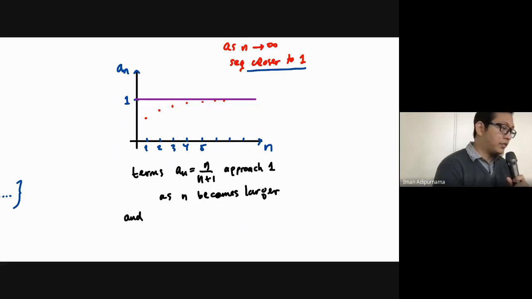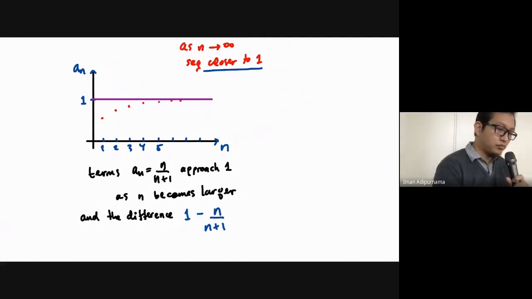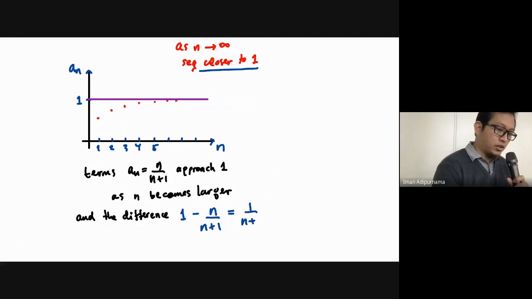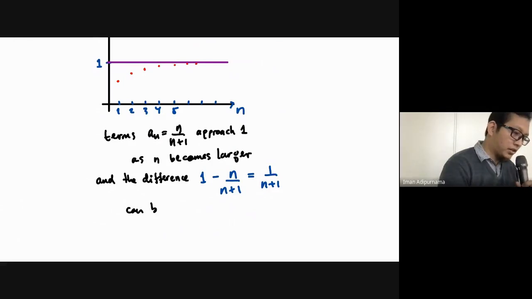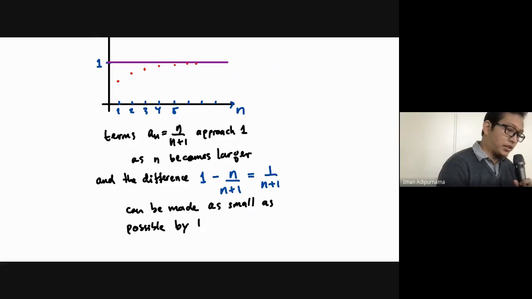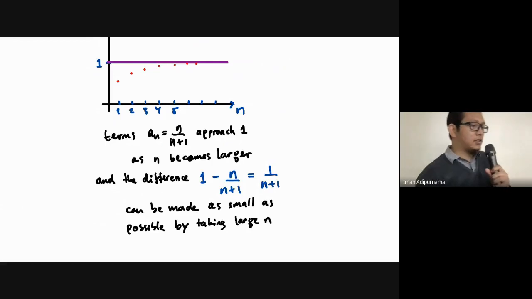And the difference, okay, the difference, 1 minus n over n plus 1, or we can say this is 1 over n plus 1, can be made as small as possible by taking large n.